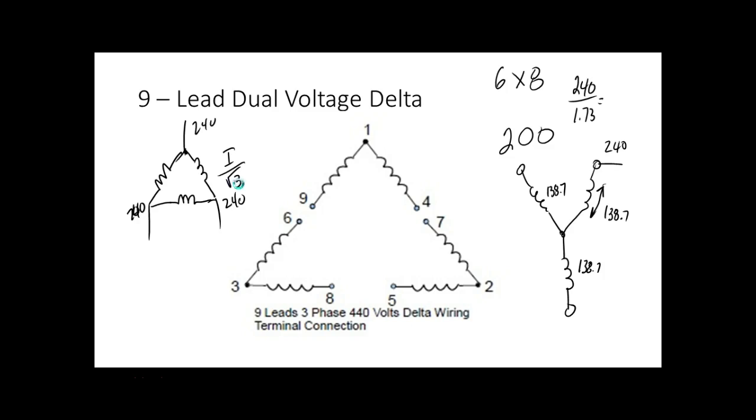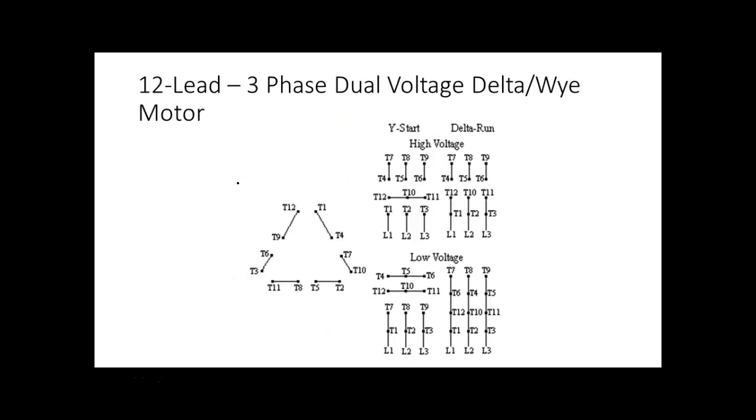So we're not going to look at how to wire this. So we have what we call a 12 lead motor. So a 12 lead motor we could wire for what? High voltage Y start, high voltage delta run, or low voltage delta start, low voltage delta run. And how do we switch it between those?